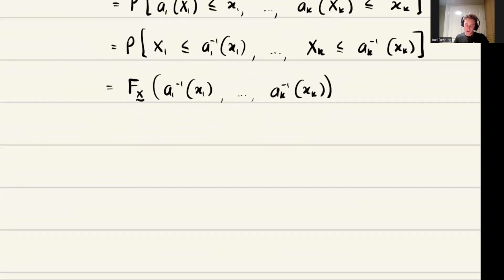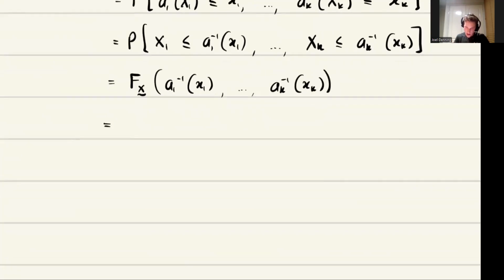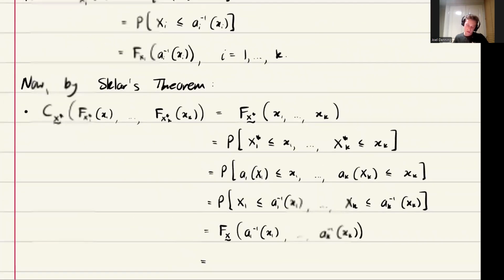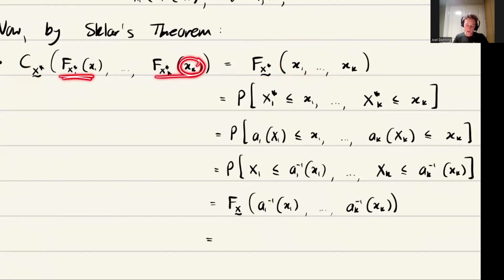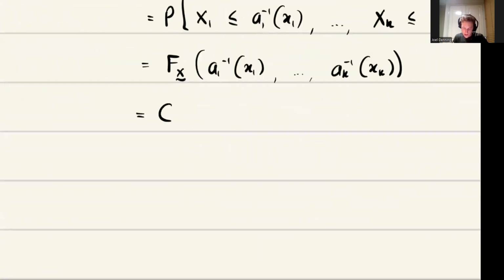And now we can use Sklar's theorem again. So remember, by Sklar's theorem, the joint CDF at whatever argument is equal to the copula of that set of random variables, of the marginal CDFs evaluated at those arguments we had on the right. So all we're going to do is rewrite C of x tilde.